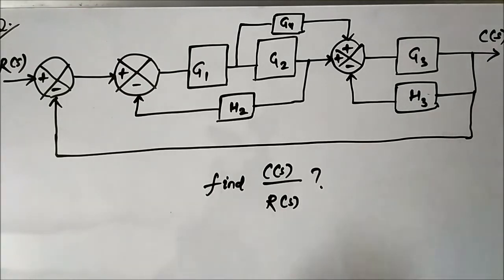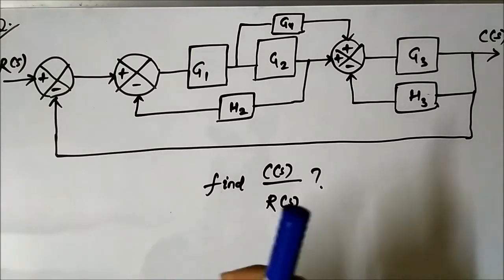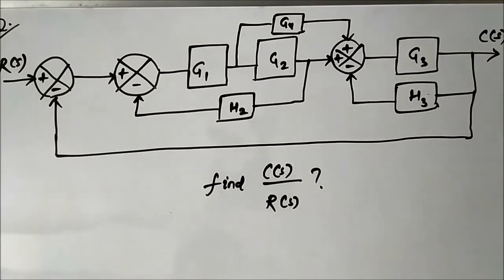Pinpoint that location and start solving from that point, and it will automatically simplify itself one after another. The only thing is to identify from where to start. That is the most tricky part while solving a block diagram reduction question.